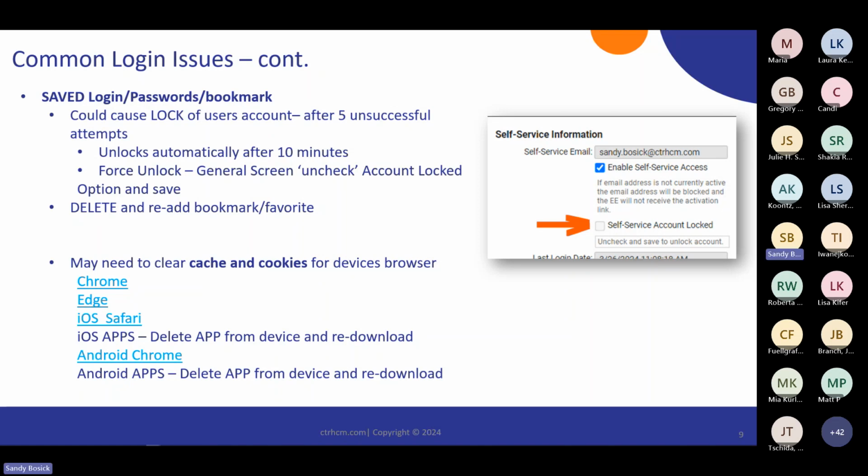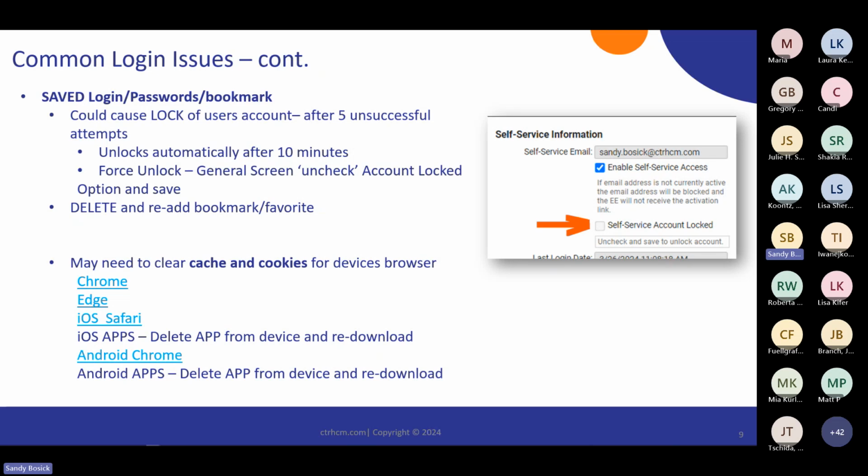If an employee or a user locks themselves out of the system, and this is anytime, this isn't just now with the MFA, they're going to get a "your account has been locked" message. That happens after 5 unsuccessful attempts with putting in your information. I've done it on my own system, thinking I'm typing in my password and I had the caps lock on.